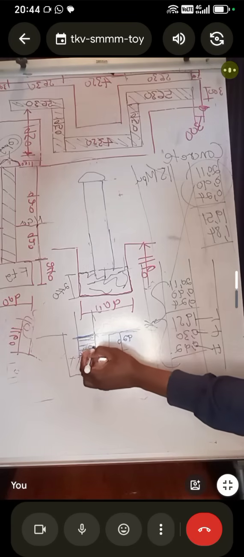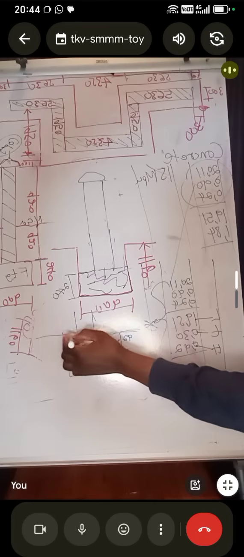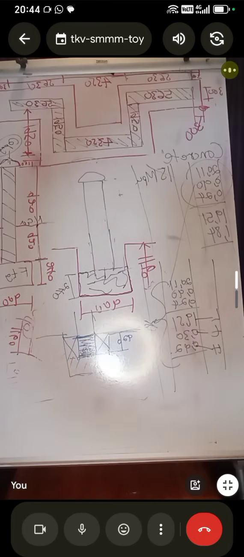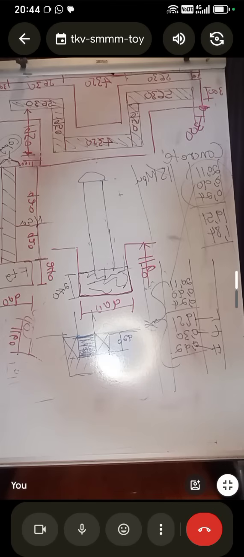Because remember, we come back here, we're going to backfill here. That means that was not part of cutaway. Remember, it's part of backfilling. Okay. So you're saying cutaway has 2 steps. Yes. Concrete and a brick wall. Okay.